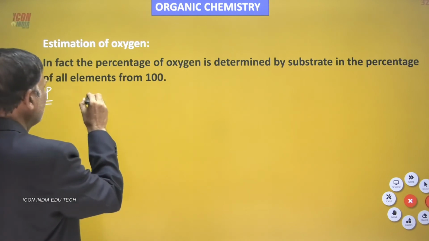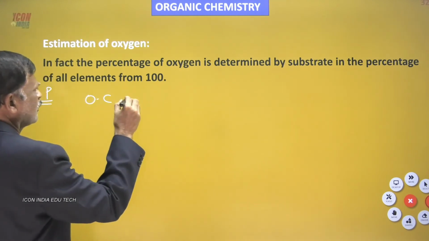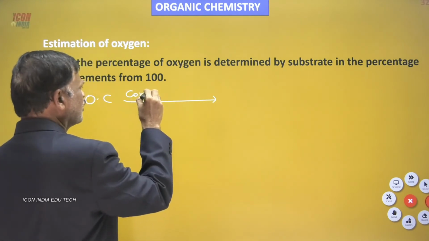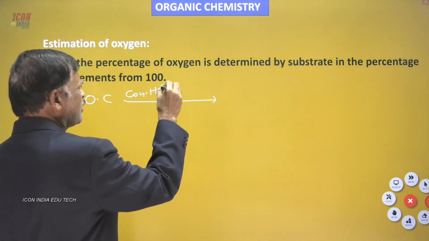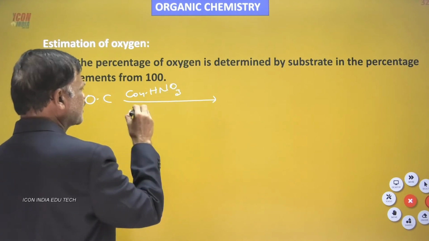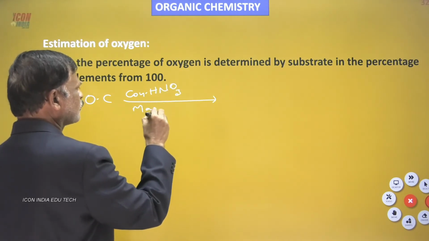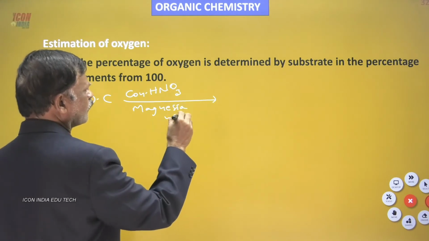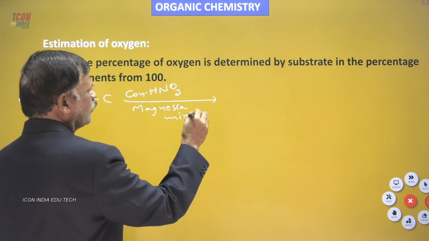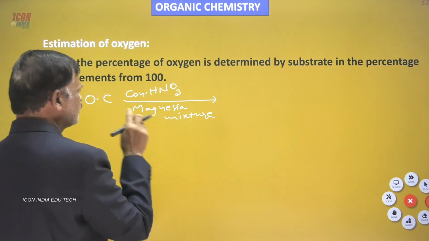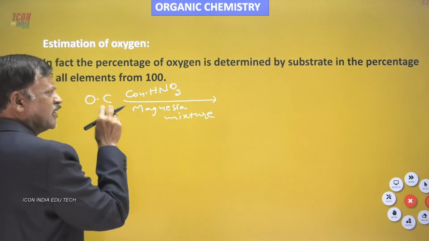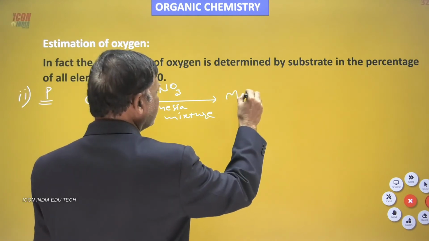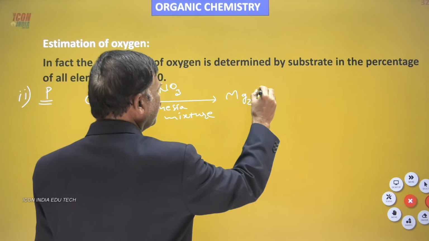Here a known mass of organic compound is treated, as usual, first with concentrated nitric acid and then with magnesia mixture. By treating with these reagents, whatever phosphorus is present in the organic compound is converted to magnesium pyrophosphate, Mg2P2O7.